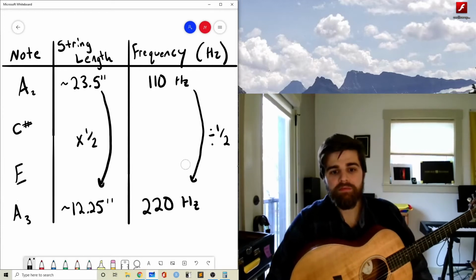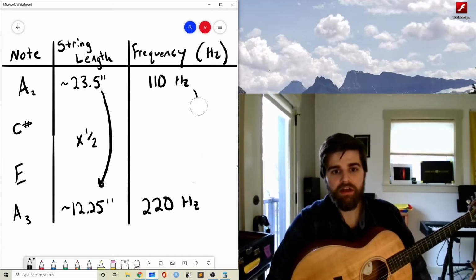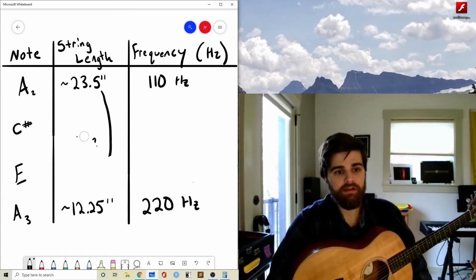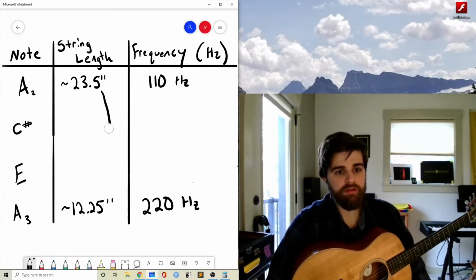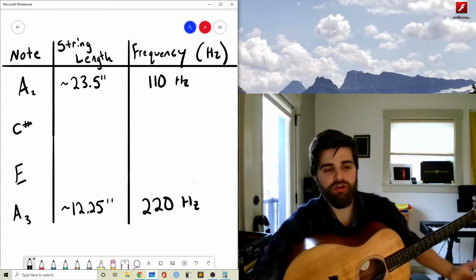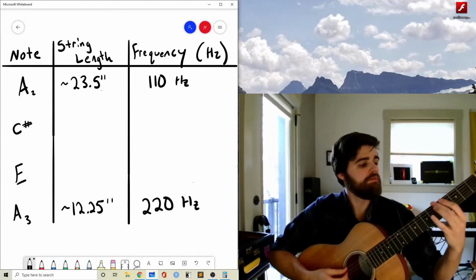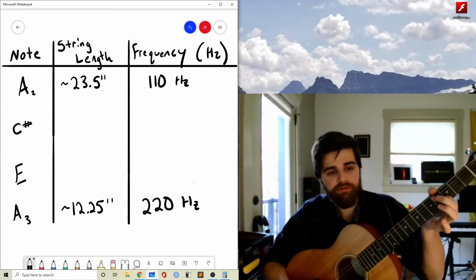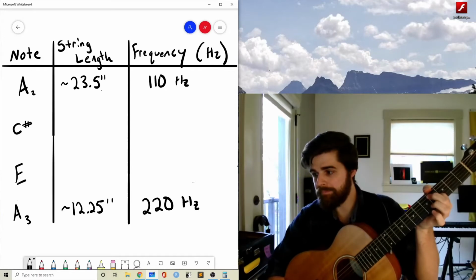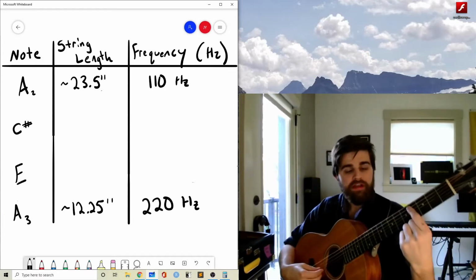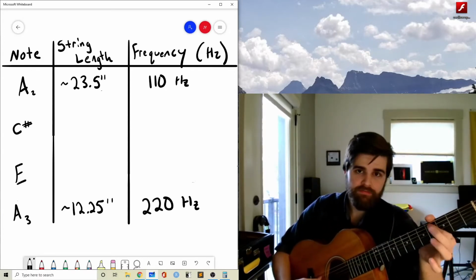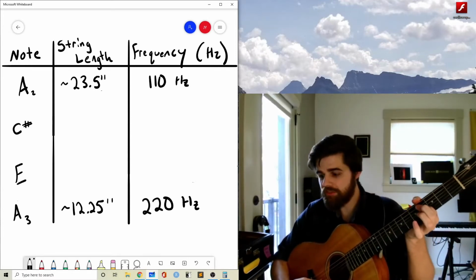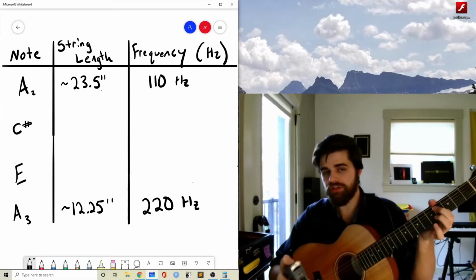All right, so we can play around with this a little bit more and figure out what the frequency would be for some other notes on our guitar here. So we're going to do the notes of a major triad here. The next note we're looking at is a C sharp. So that's the third of the A. From looking at this third, let's measure and see how much of the string we are playing.